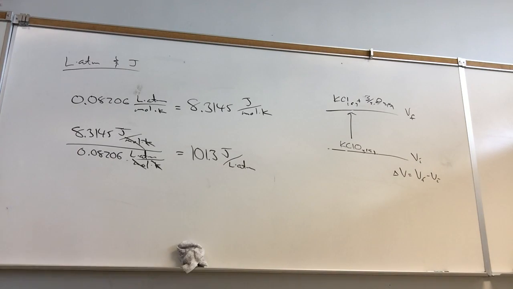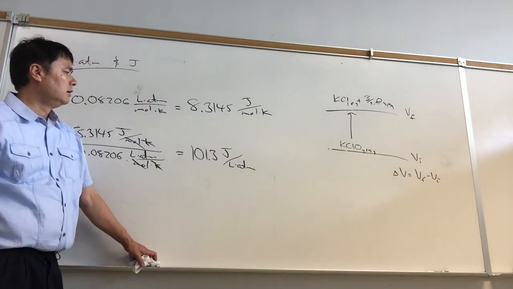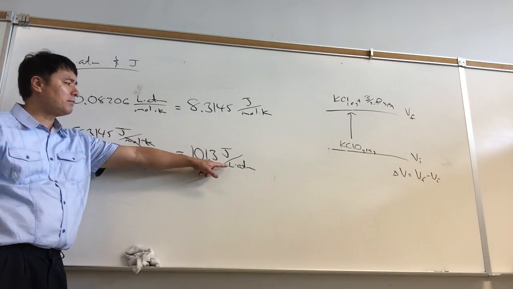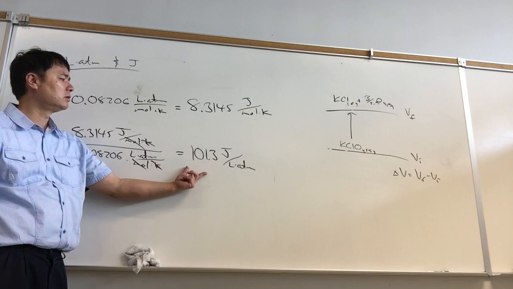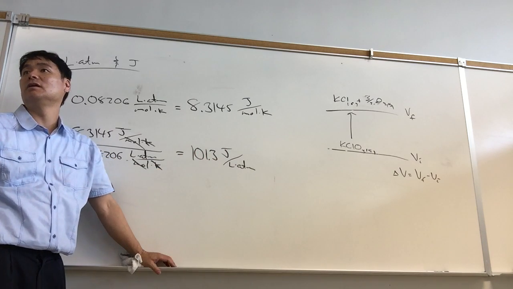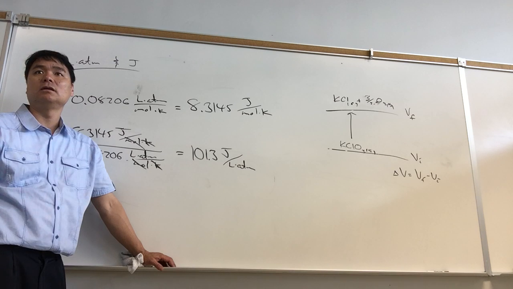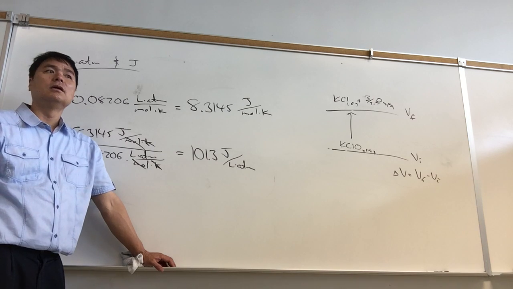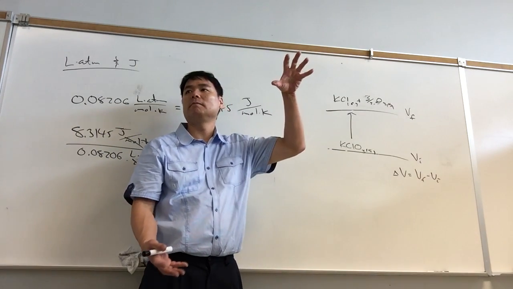So if we go at 37.5 liters, about 1 atmosphere, that's going to give us about 3,700 joules of energy that you'd have to input in here to blow it up.